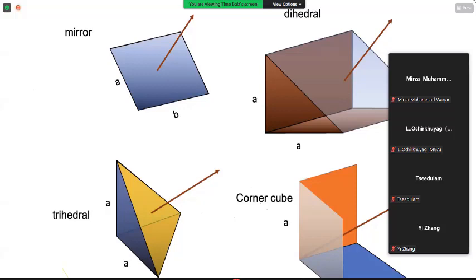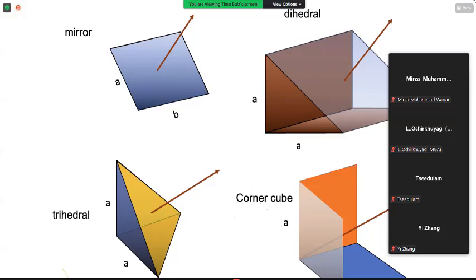Now we have here these artificial targets, or you can also say these archetypes of targets, right? We have a mirror, so that would be, for example, a metallic plate that we orient directly back to the sensor, so the energy comes in and gets reflected back. A very strong target.